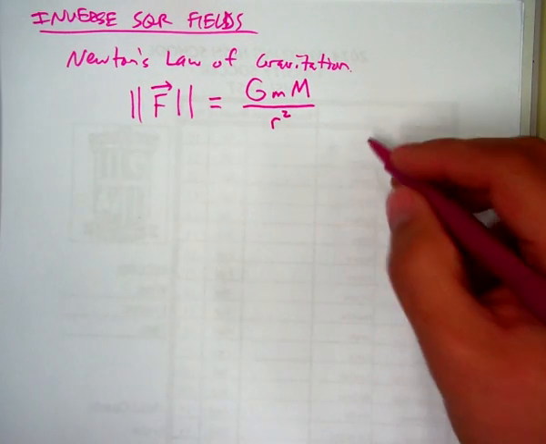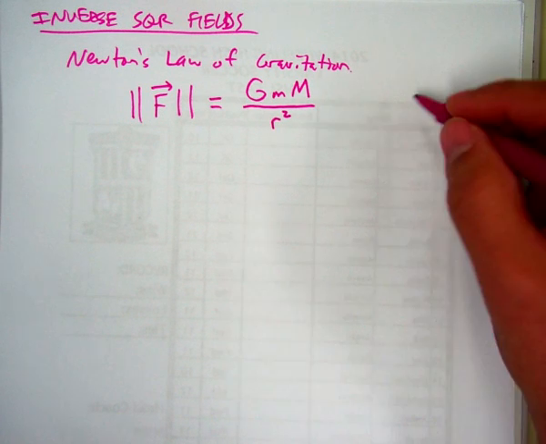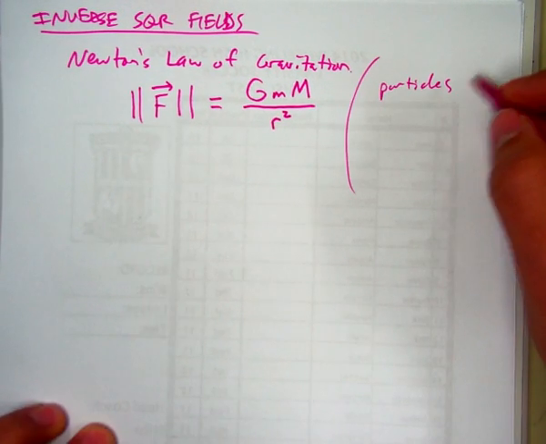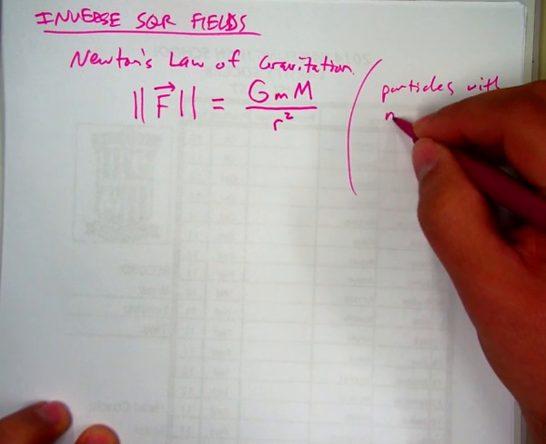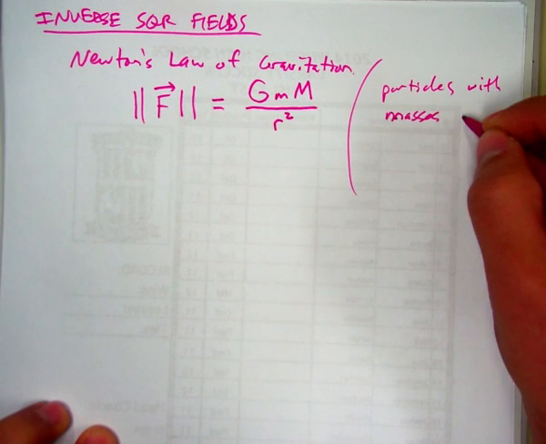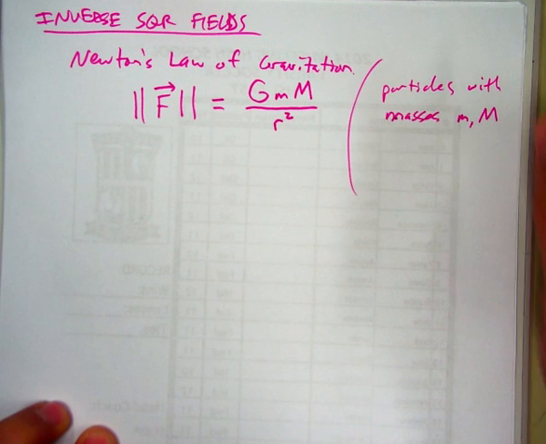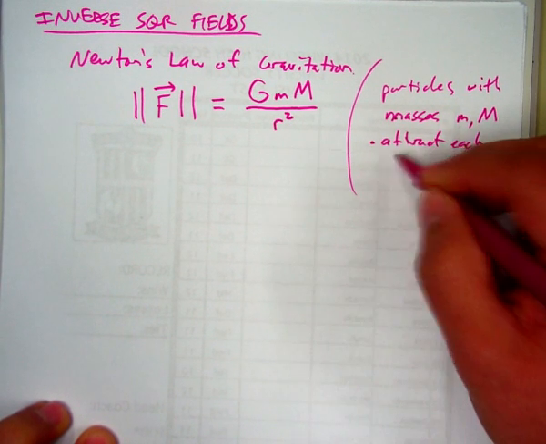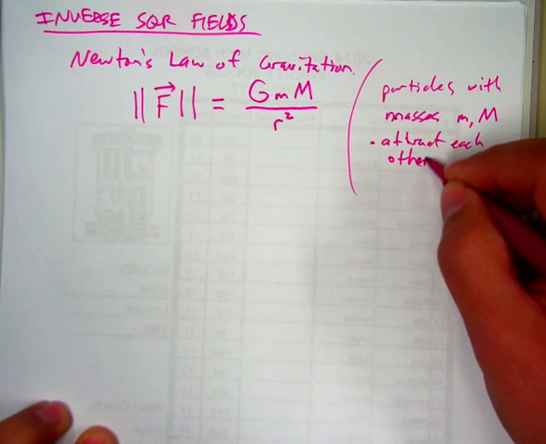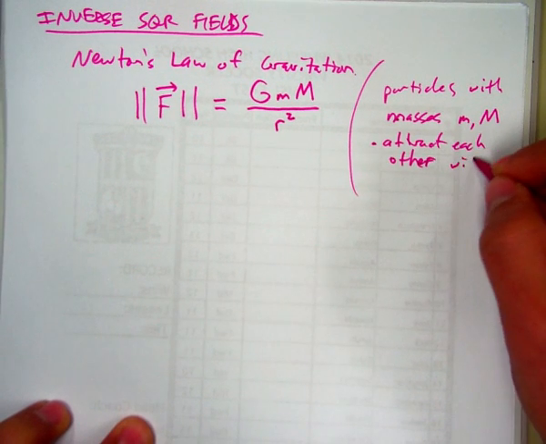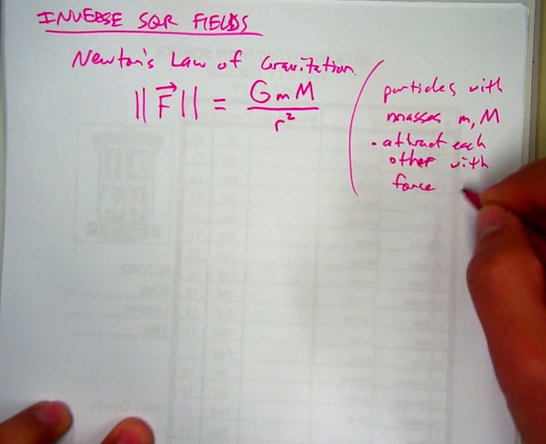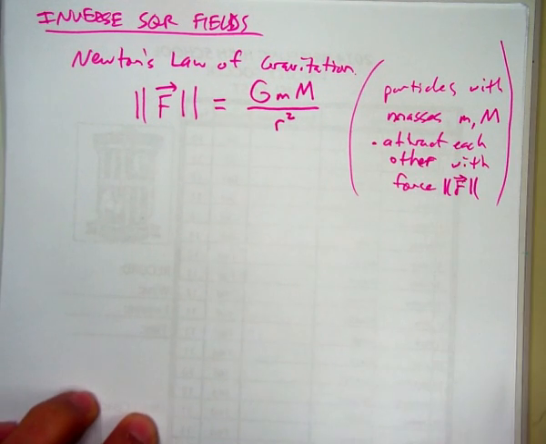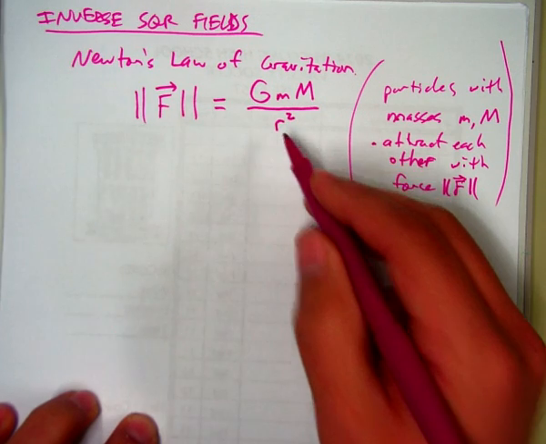So essentially, we have particles with masses little m and big M, and they attract each other with force F. And r is the distance between the two particles.